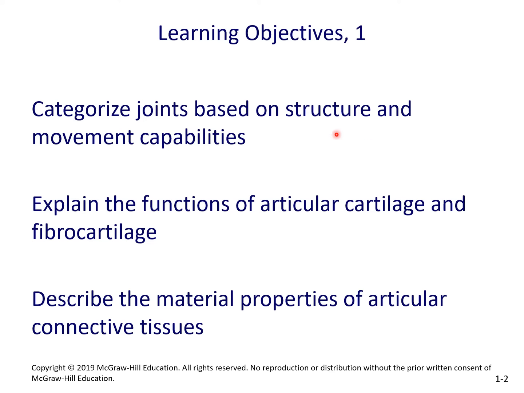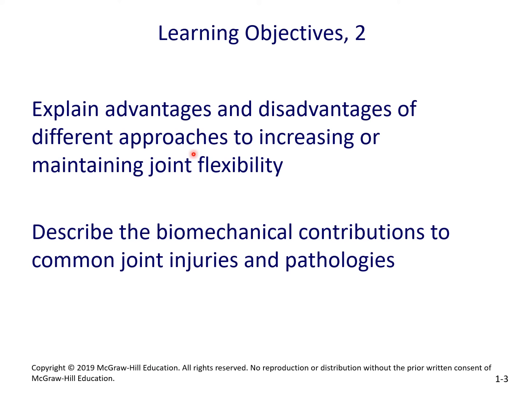We would like to organize the joint based on structure and moving capabilities, explain the functions of articular cartilage and fibrocartilage, describe the material properties of articular connective tissue, and we're going to talk about this a little bit more, and explain the advantage of increasing and maintaining joint flexibility. That's for another day.